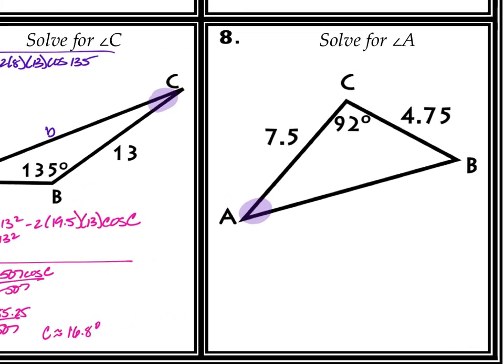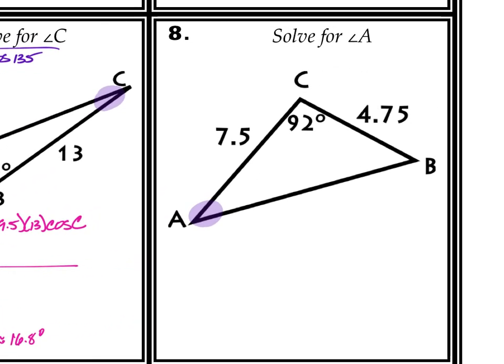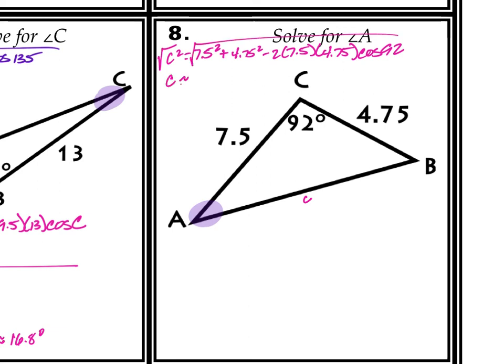And then number 8 is done exactly like what we just got done doing. So in order to find angle A, I'm going to have to find side C. So C squared is going to be equal to 7.5 squared plus 4.75 squared minus 2 times 7.5 times 4.75 times the cosine of 92, square root it, and C is approximately equal to, what is it approximately equal to?